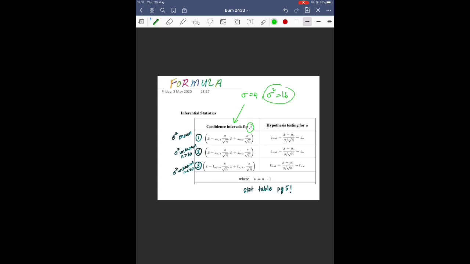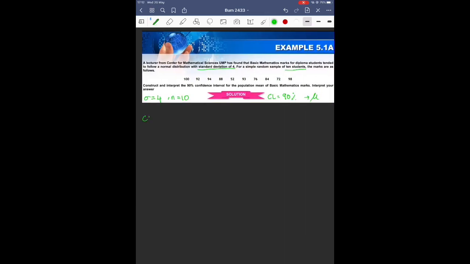So sigma square is known, and we use formula number 1. The formula is x bar plus minus z alpha over 2 sigma over square root n.